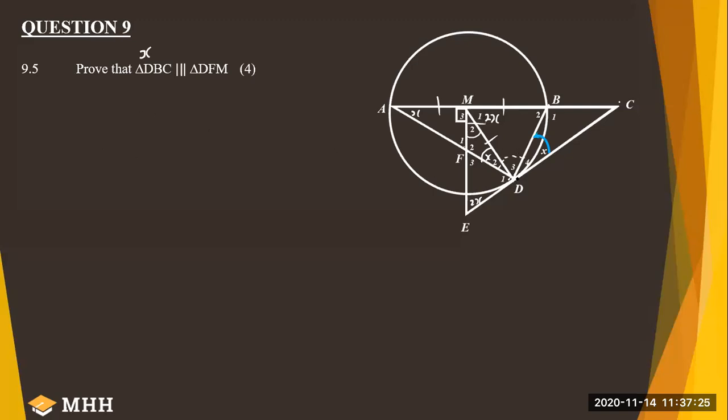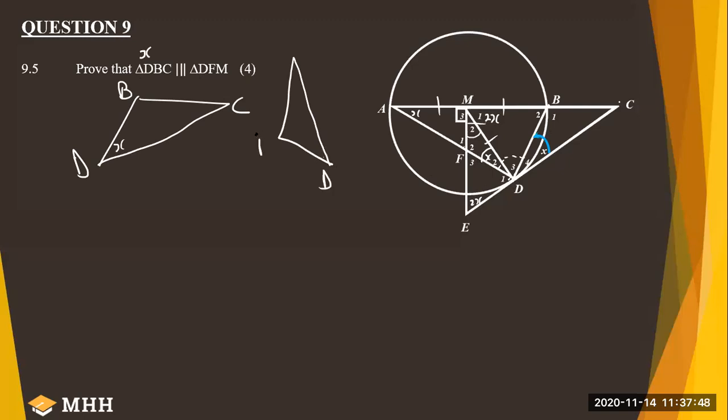Okay, maybe what I will do, I will quickly just draw it. DBC is that one. Okay, and my other one is DFM. It's just for teaching purposes, or if you do struggle to find it, you can also just quickly draw it, DFM.